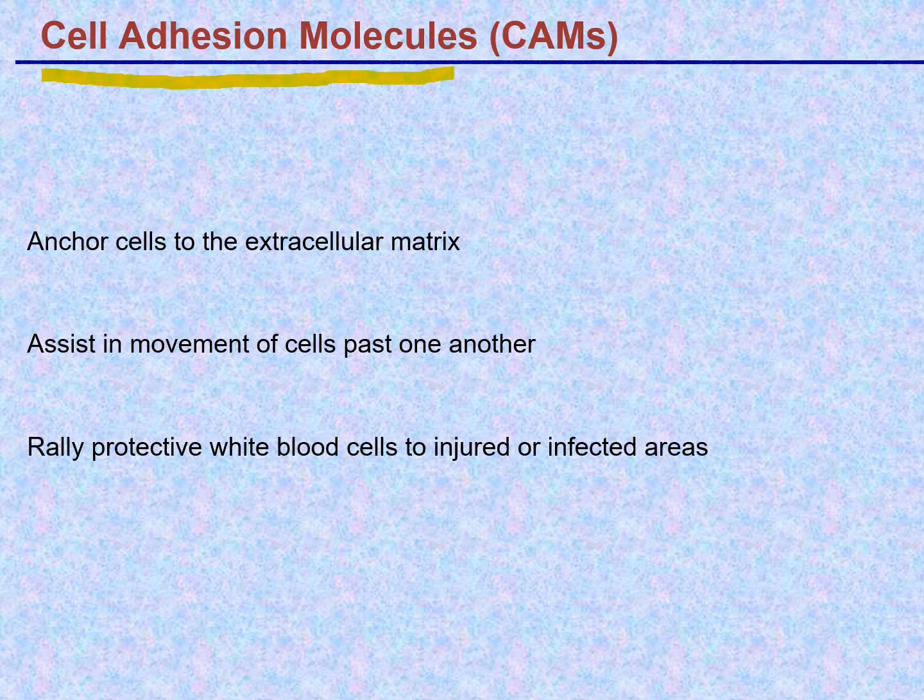So, they help anchor cells to other structures. They assist cells in movement across, and sometimes in binding or moving cells into an area of injury, like the movement of white blood cells to injured or infected areas. Involves these cell adhesion molecules.